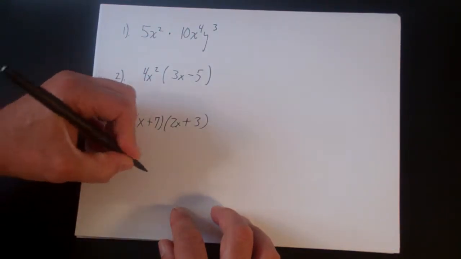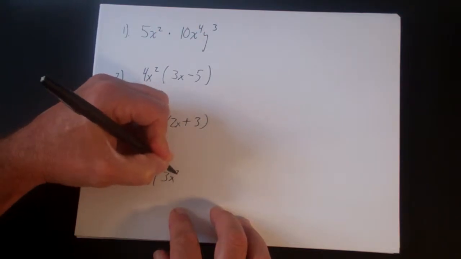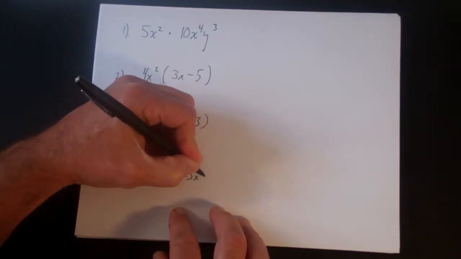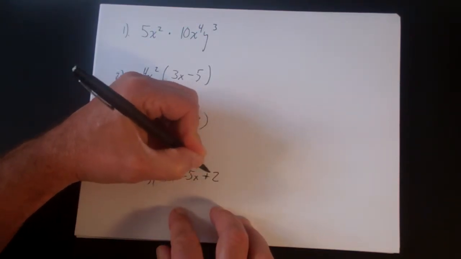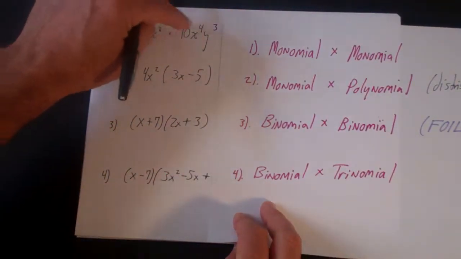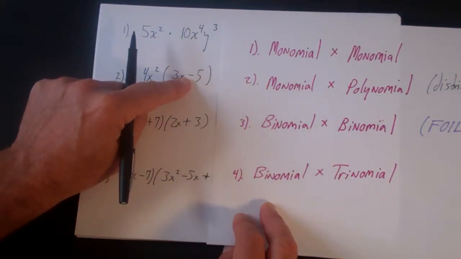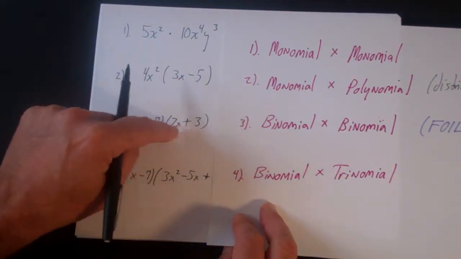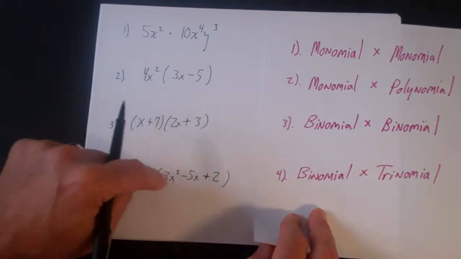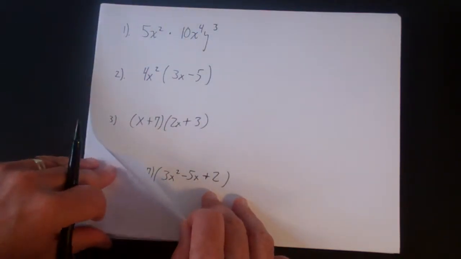And the last example, x minus 7 times 3x squared minus 5x plus 2. If you look, these are just examples of each one. Here you have two monomials. Here you have a monomial and a polynomial. Here you have two binomials. And here you have a binomial times a trinomial. So let's just look at each one of those examples in turn.